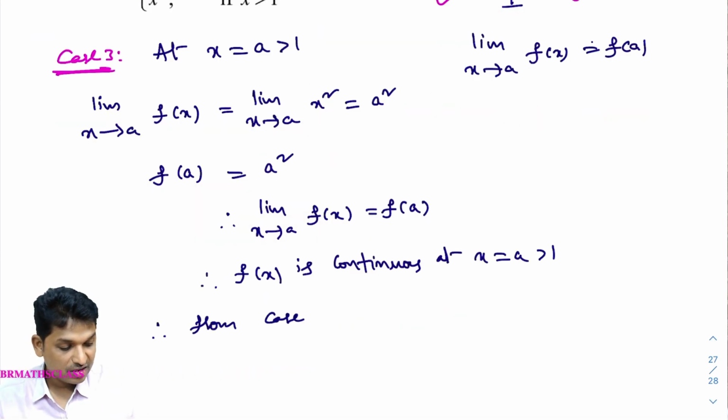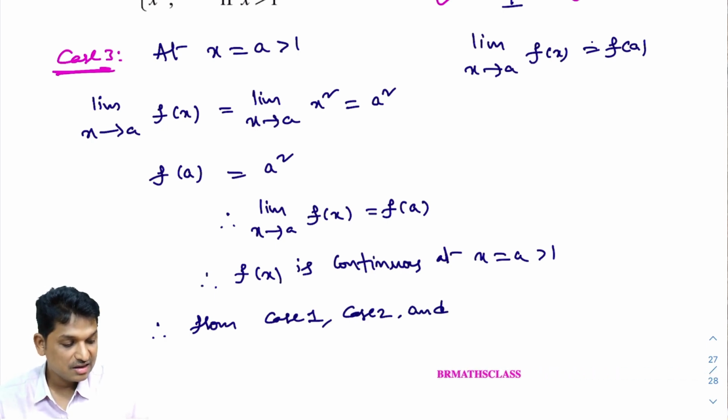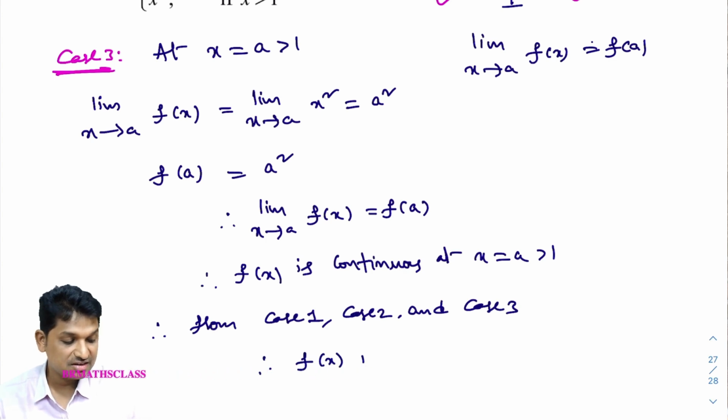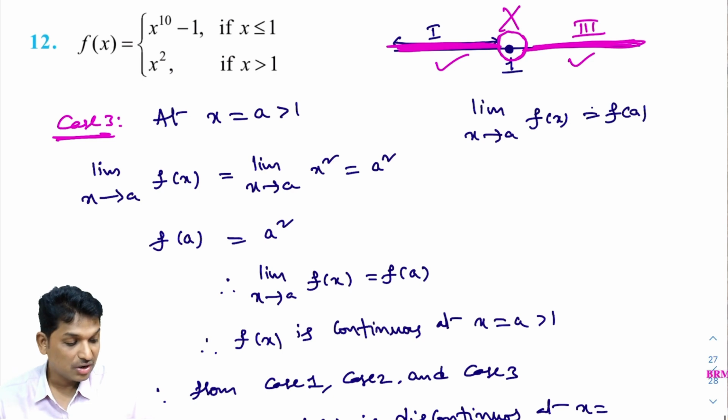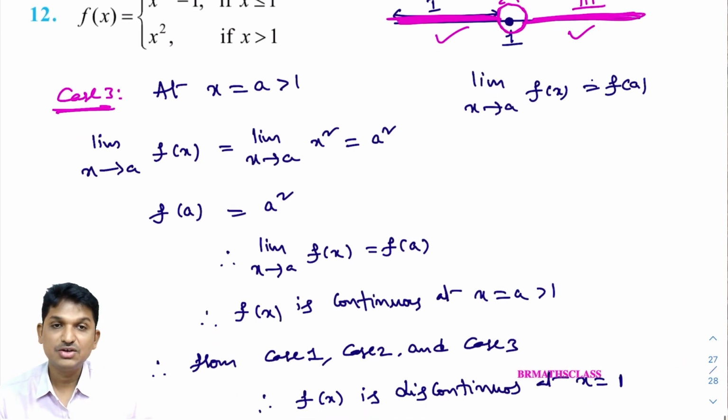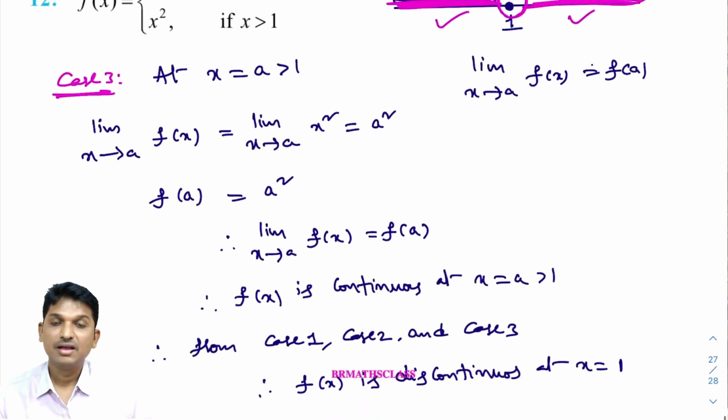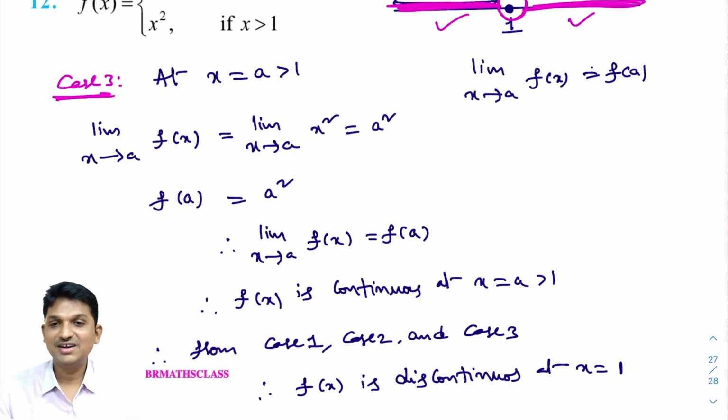Therefore from case 1, case 2 and case 3, f of x is discontinuous at x equal to 1. I hope you understand.